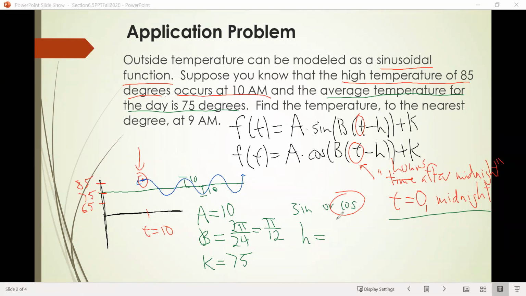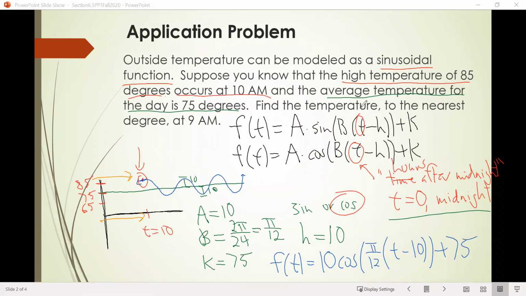It's been shifted over 10 units, so our value for h would be 10. Now with this information, we can find our equation: f of t equals 10 times cosine of pi over 12 times t minus 10, plus 75.